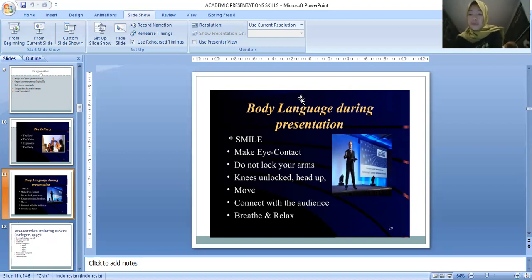As I told you before, show positive expressions such as a smile and make eye contact. Do not lock your arms, keep knees unlocked, head up, and then move. Yeah, and connect with the audience. And the last step is breathe and relax.